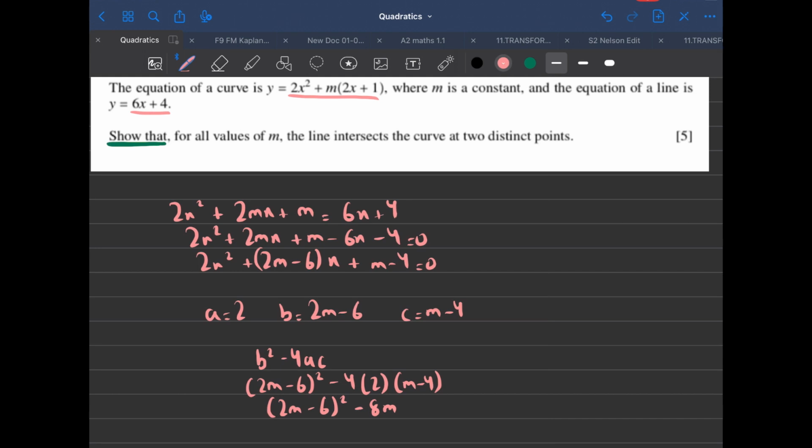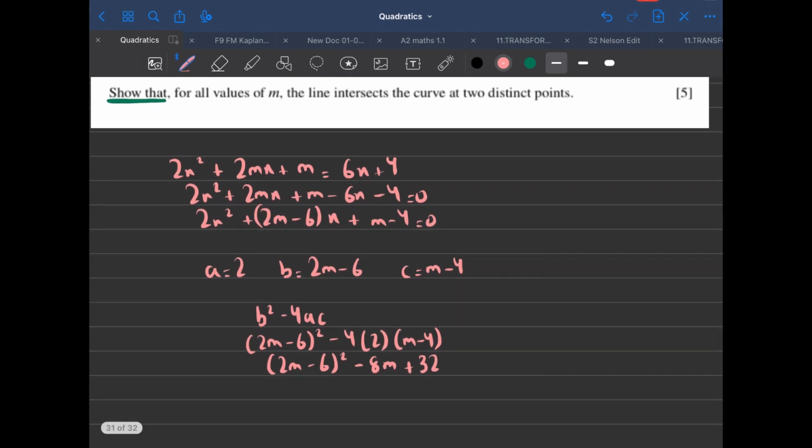So 2m minus 6 whole square minus 8m. Then it's going to become, 4 2s are 8 and 8 4s is what? Plus 32. Got this? Now let's expand. 4m square minus 24m with an identity a square minus 2ab plus b square, plus 36 minus 8m plus 32.